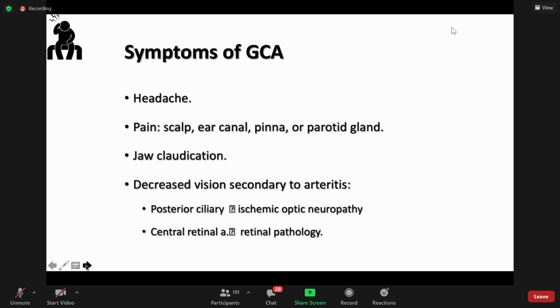That means when he chews, he has pain and cramp and he has to stop. Decreased vision secondary to arteritis, and this is the risk of granulomatous arteritis of the temporal artery, because it may affect the central retinal artery and cause infarction of the retina.